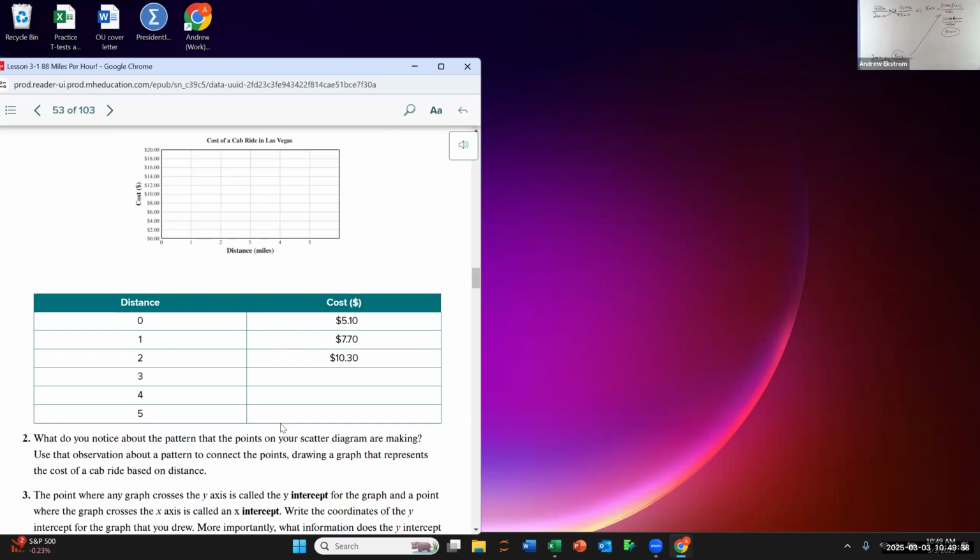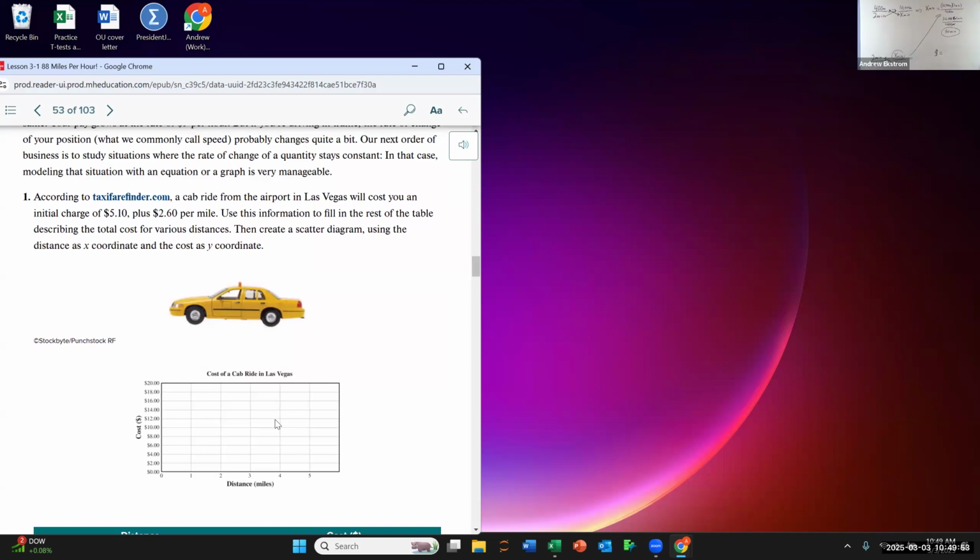So just looking at what they were actually trying to tell us, they said that cost was equal to $2.60 per mile times X number of miles plus $5.10 initial cost.